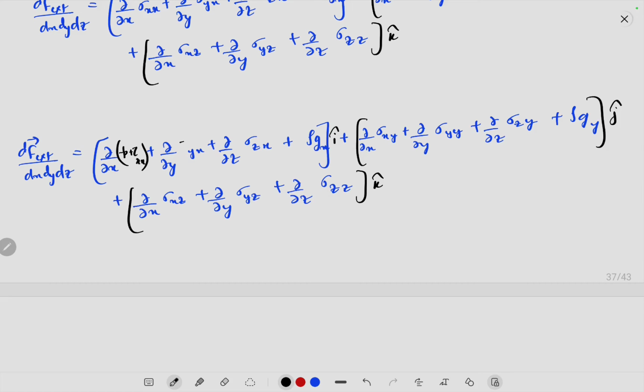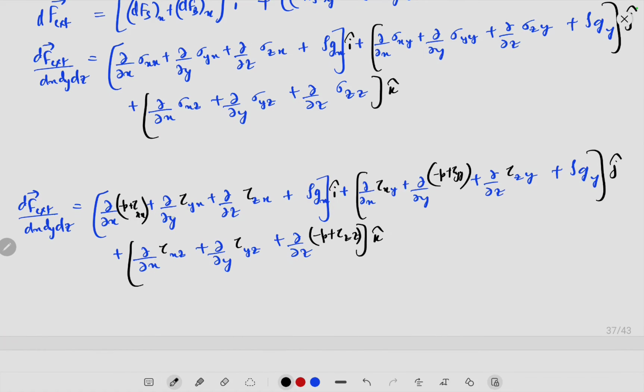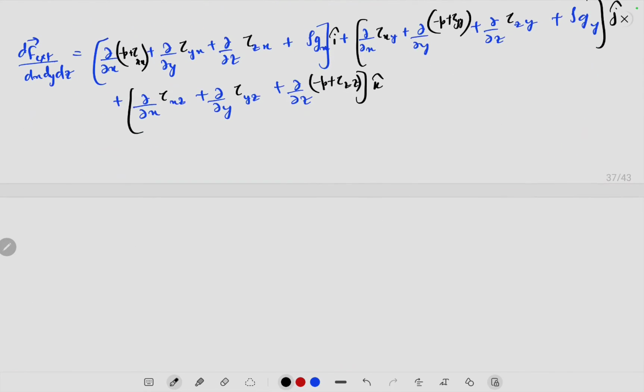Sigma yx is tau yx, sigma zx is tau zx. Similarly, sigma xy is tau xy, sigma yy is minus p plus tau yy, sigma zy is tau zy, and similarly here sigma xz is tau xz, sigma yz is tau yz, and sigma zz is minus p plus tau zz. Okay, so this equation gets simplified to this equation.